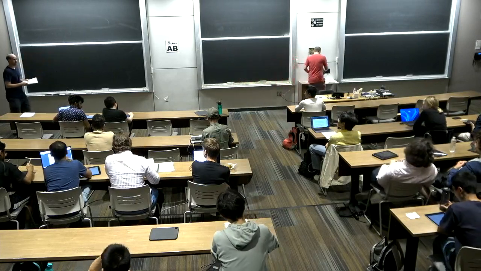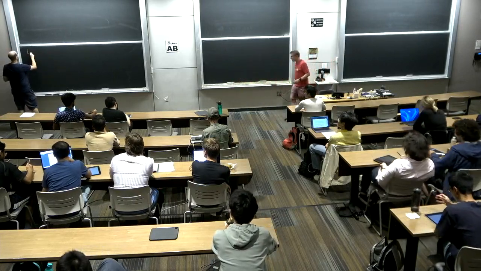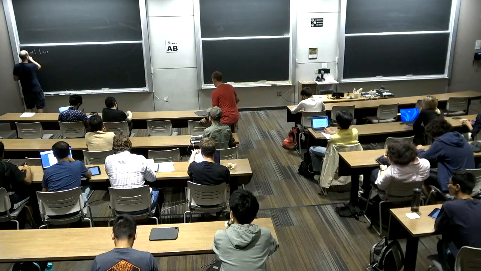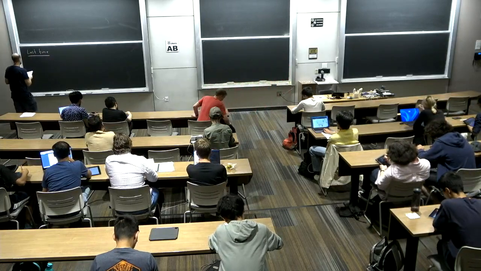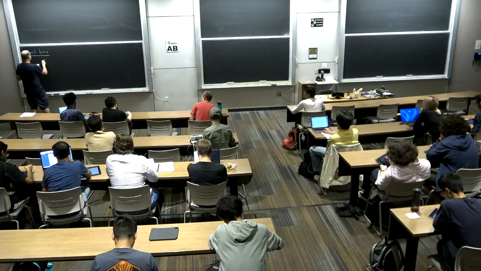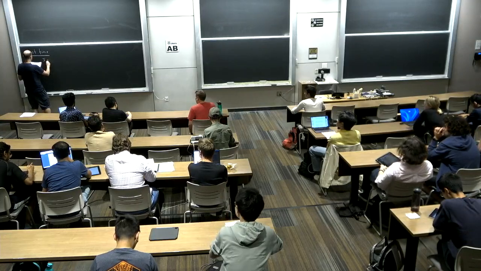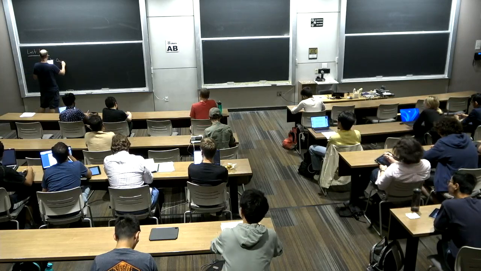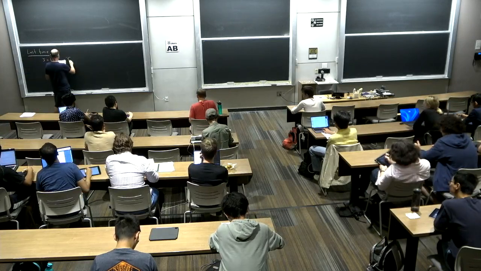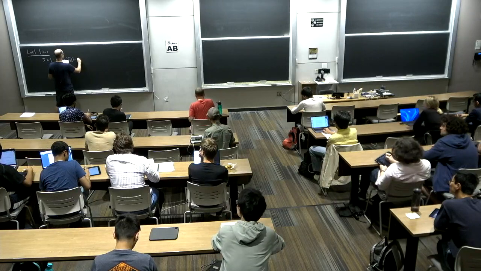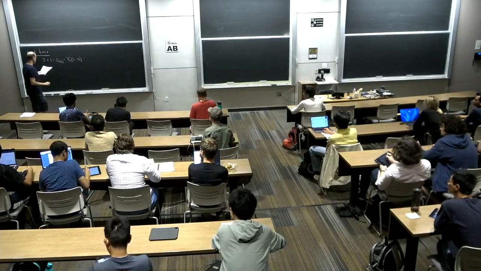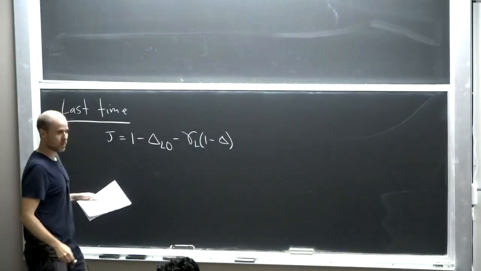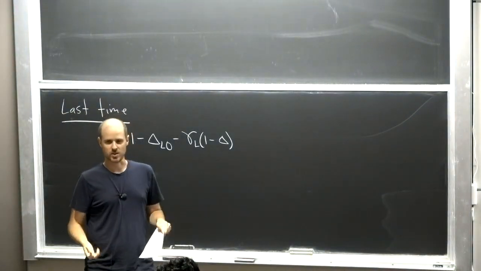Okay, so last time we ended with this interesting statement that when you renormalize a detector, you get J as a function of delta. So what we're going to start with today is actually doing it.